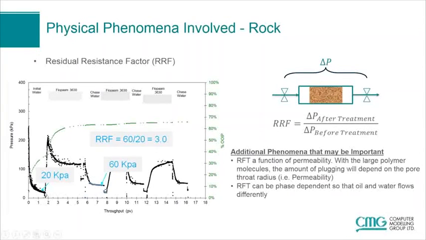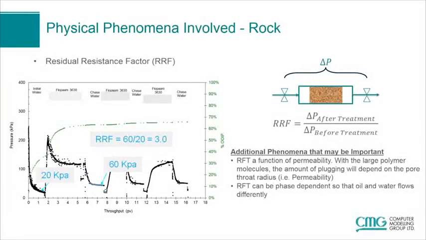So this change here, from 60 kPa over 20 kPa, is really your RRF, so 60 over 20, and in this case it would be 3. So core floods are usually the way that we get our RRF values. It's not that easy to always measure it directly by other means.